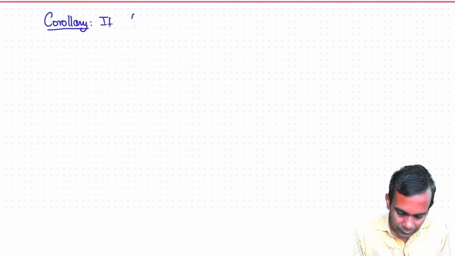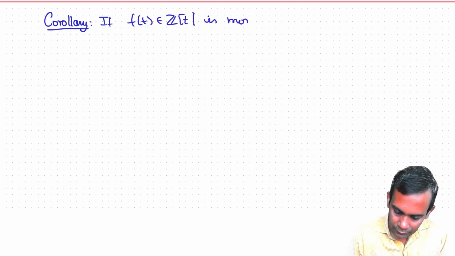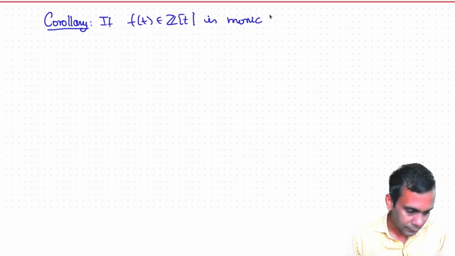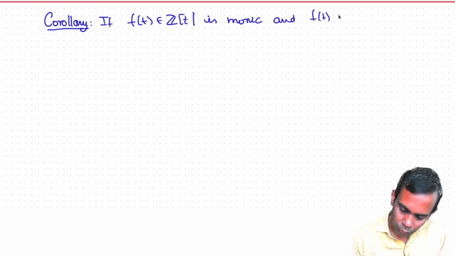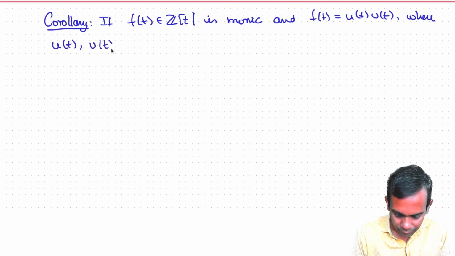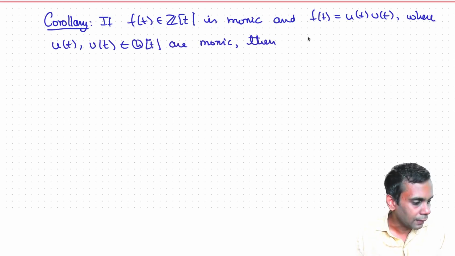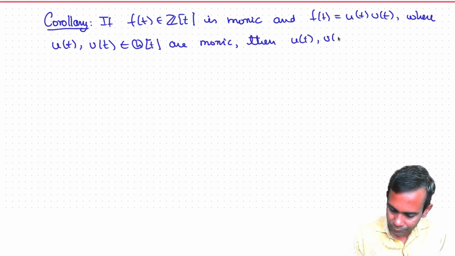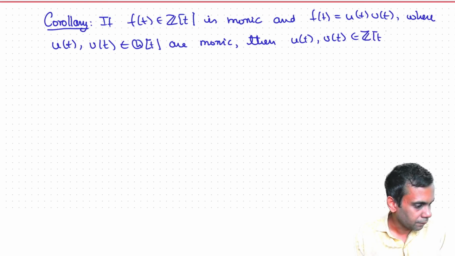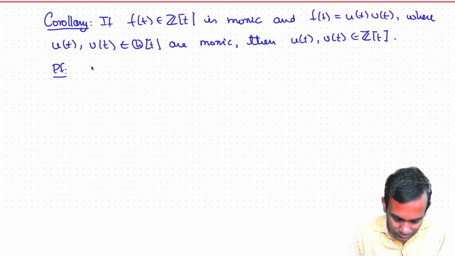If f(t) belongs to Z[t] is monic, and we write f(t) = u(t)v(t), where u(t) and v(t) belong to Q[t] and are also monic, then u(t) and v(t) are in Z[t]. And the proof is very simple, just apply Gauss's lemma.